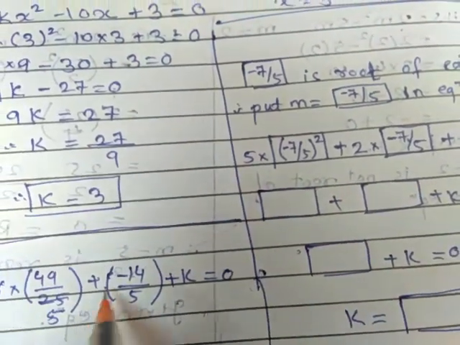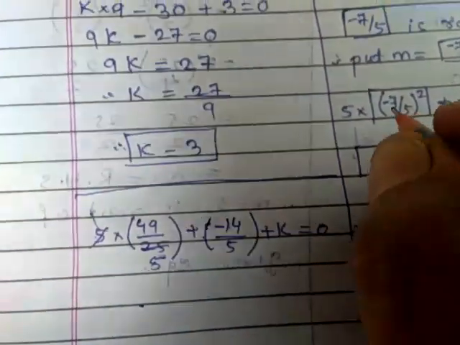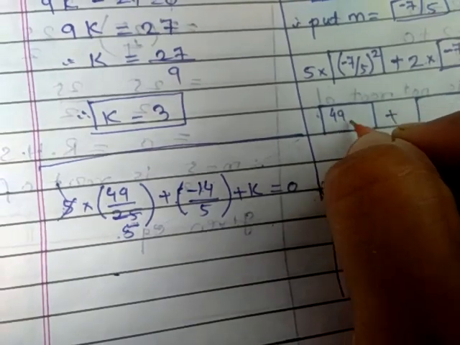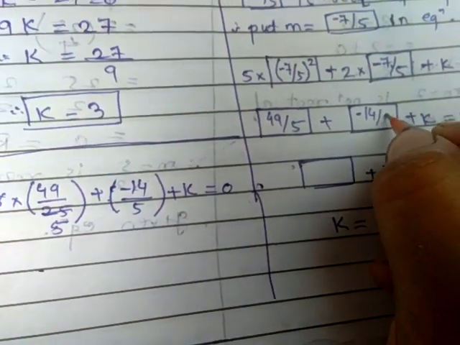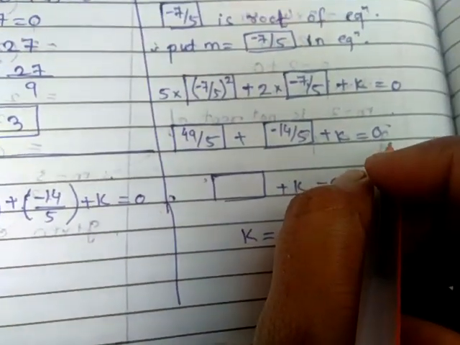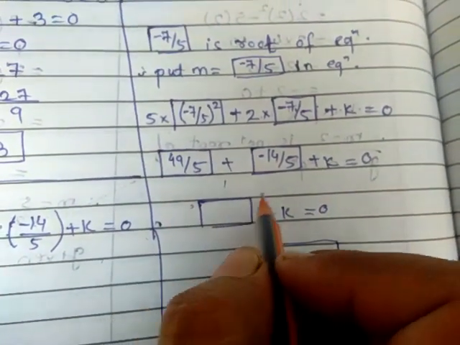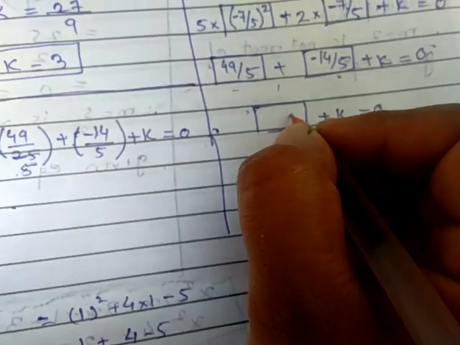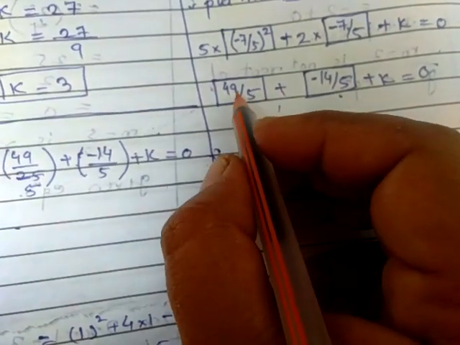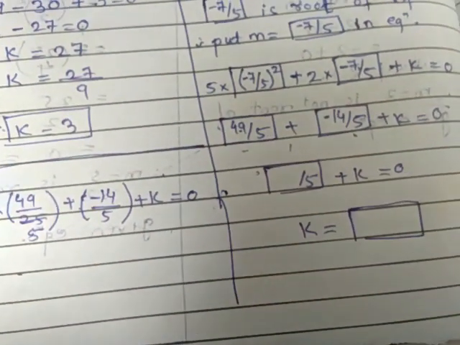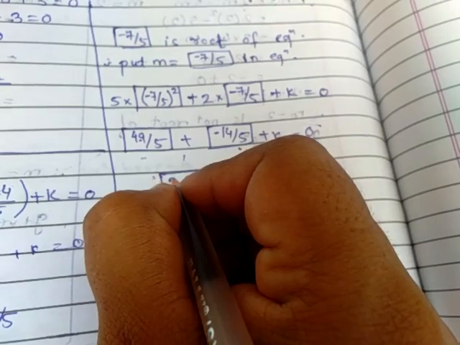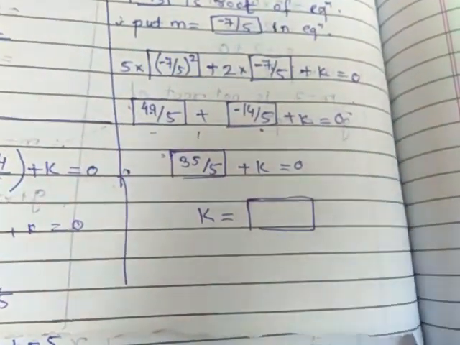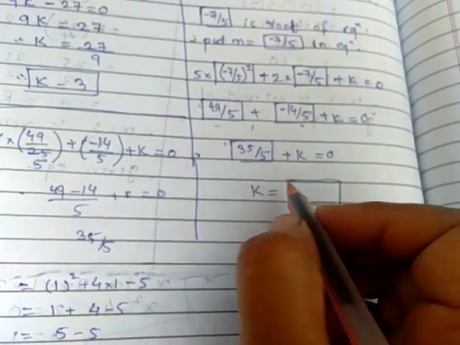In the next box we will write 49 upon 5 plus minus 14 upon 5 plus k equals 0. Now the denominator is the same, so we write 5 in the denominator. 49 minus 14 is 35. 35 upon 5 plus k equals 0.